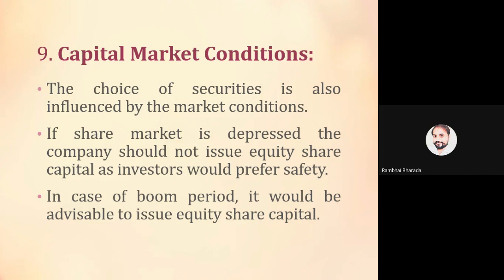If prices go 50, 49, 48, 47, 46, 45, 44, 43 like this, then definitely you will wait up to December. Am I clear? So in case of depression, in case of recession, the investors are not ready to buy the securities right now.